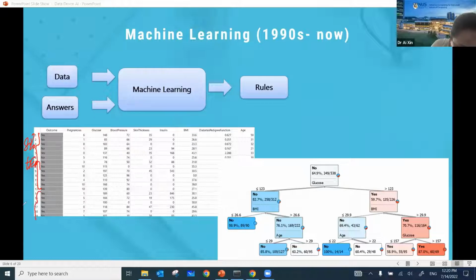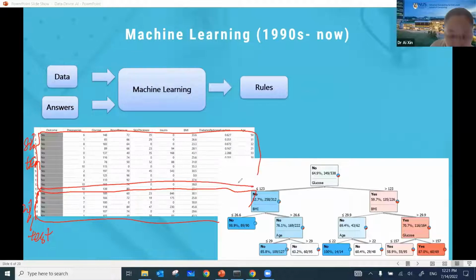Then we reserve, let's say, 20% of data. This is what we call testing data. We hide those data from the model. We only use the training data to train the model. After that, we use testing data to test the model performance. Then we roughly know how good or how bad the model performs.